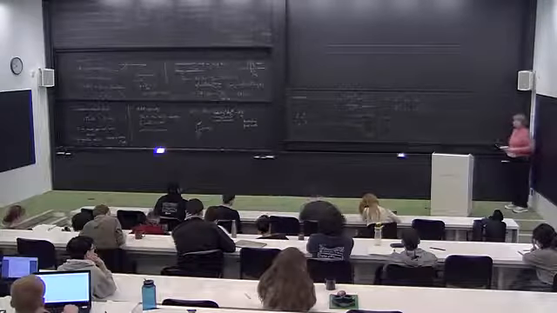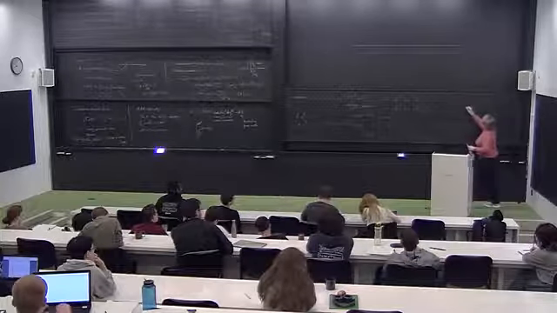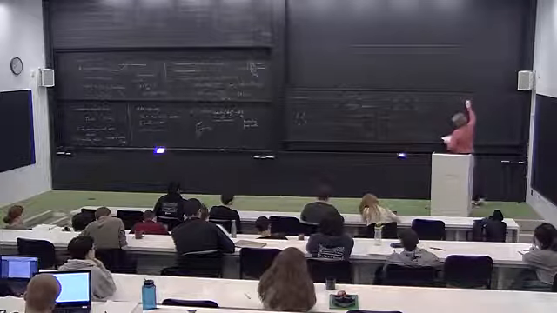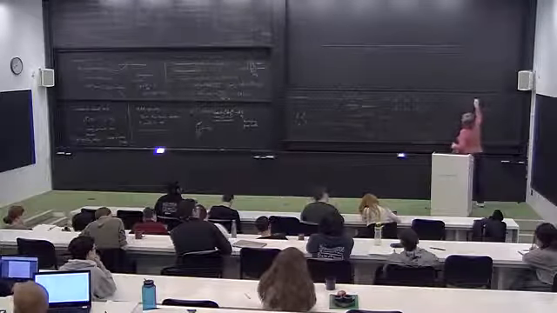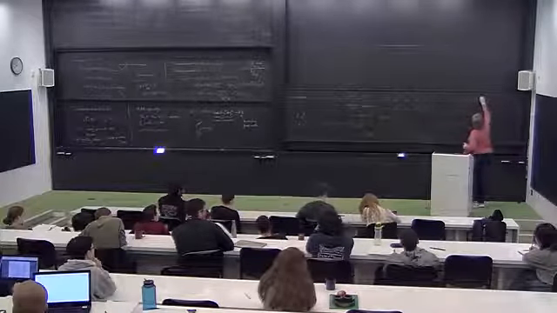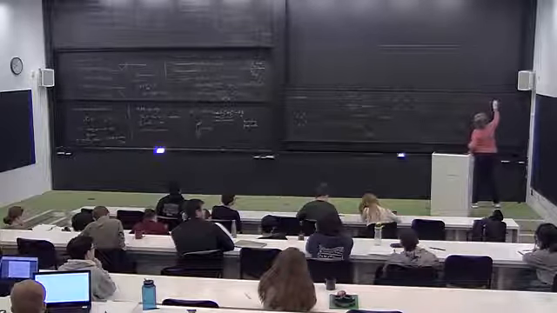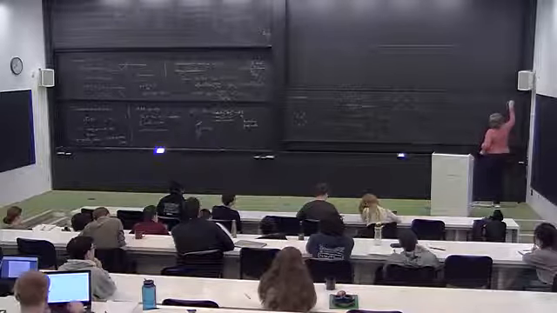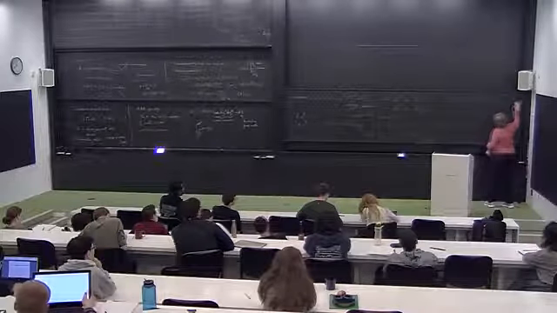So that's my RAB, and then RAZ is just d theta AZ plus theta AB wedge theta BZ.